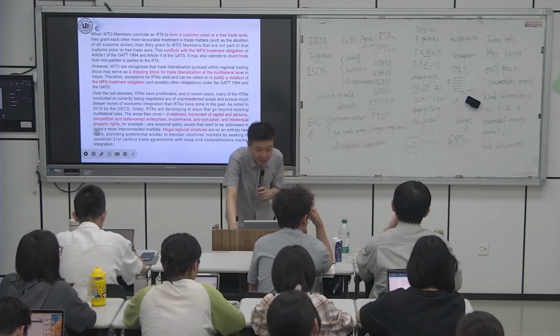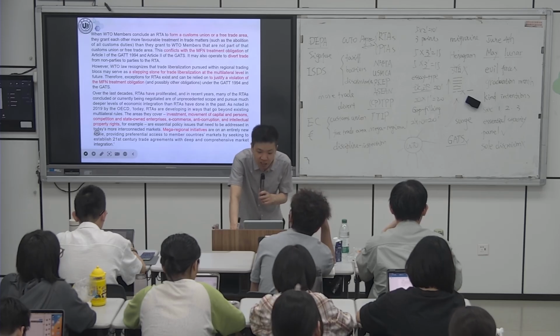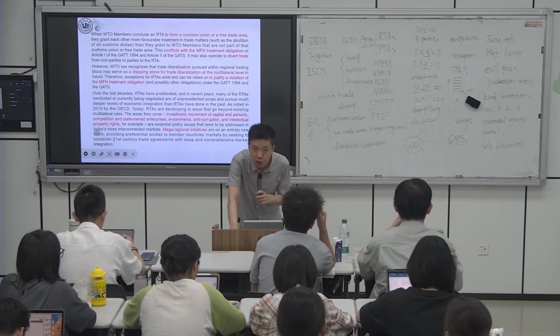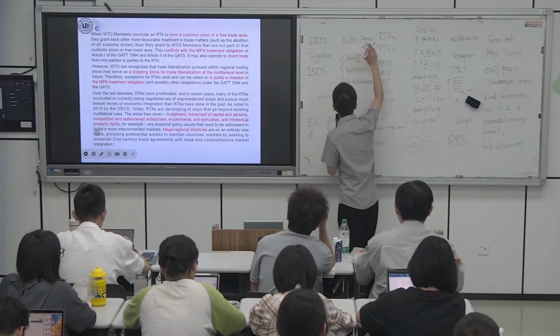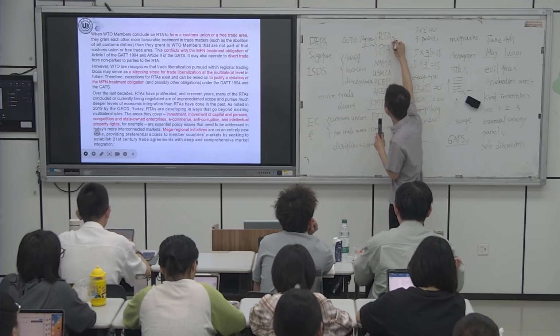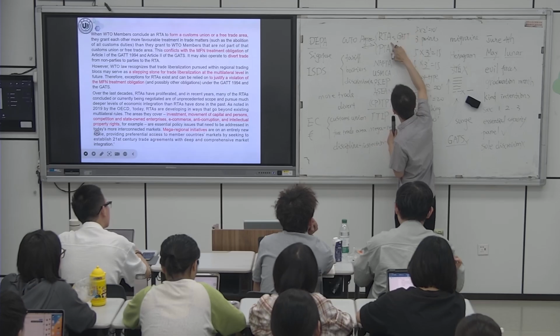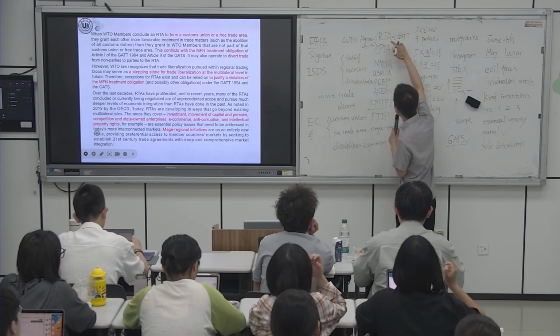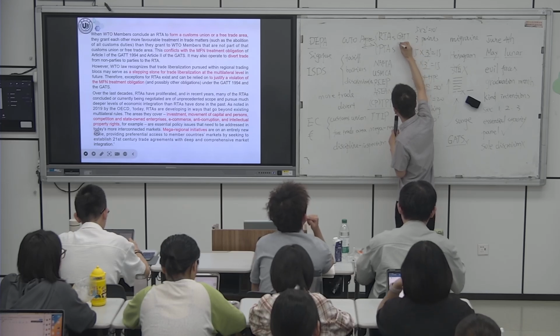The next question is, what are RTAs on trading services referred to in GATS? In GATT, we call them RTAs. This is for GATT. Because RTAs is an exception to GATT 1994, Article 24.